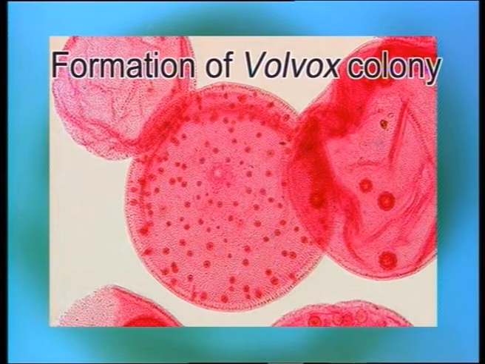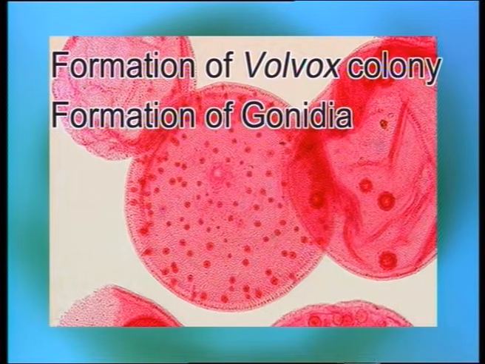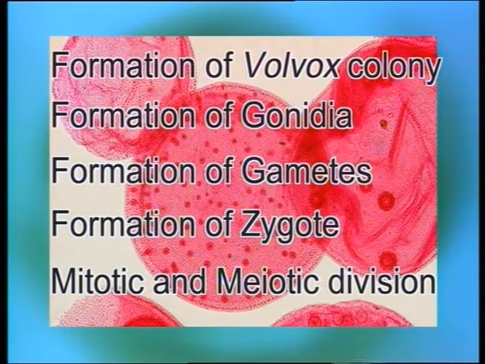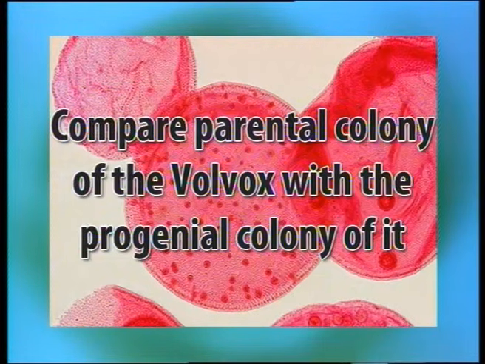I hope those of you who want to analyze Volvox would try to follow the same parameters, where they will first assess the colony, then assess the formation of the gonidia, formation of the gametes, formation of the zygote, division both mitotic and meiotic, and see whether the parental colony of Volvox is comparable with the progenial colony of the Volvox, depicting thereby that whatever we read or study is at par with what is naturally operative in this particular alga, that is Volvox, in the habitats in which it has a preference to go.